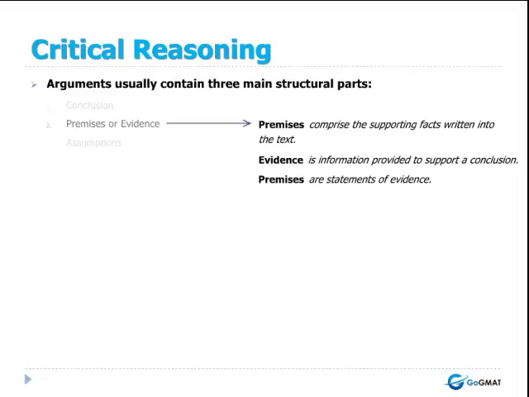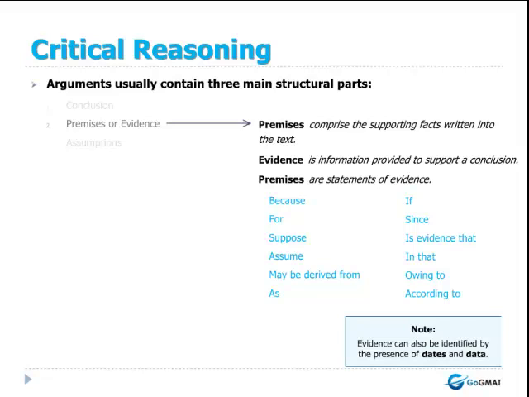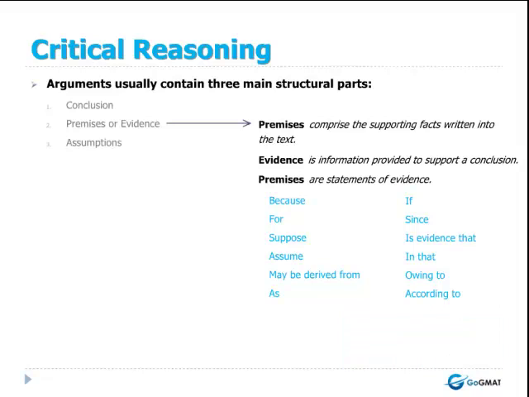Sometimes you can identify evidence by the flag words that accompany evidentiary statements, such as because, for, suppose, assume, may be derived from, as, if, since, is evidence that, in that, owing to, and according to. Evidence can also be identified by the presence of dates, in 1988, 5 years ago, and data, numbers and percentages.